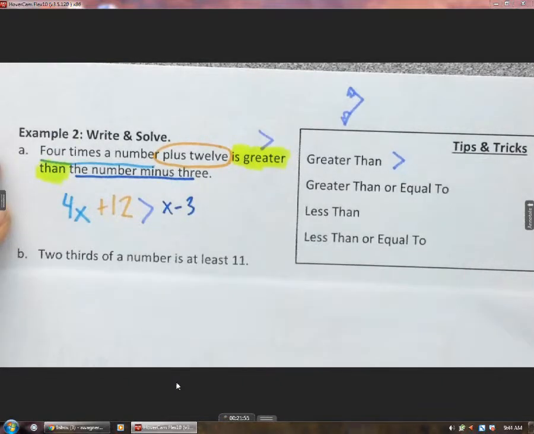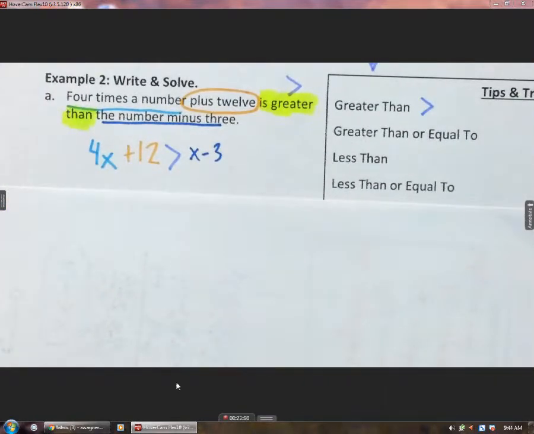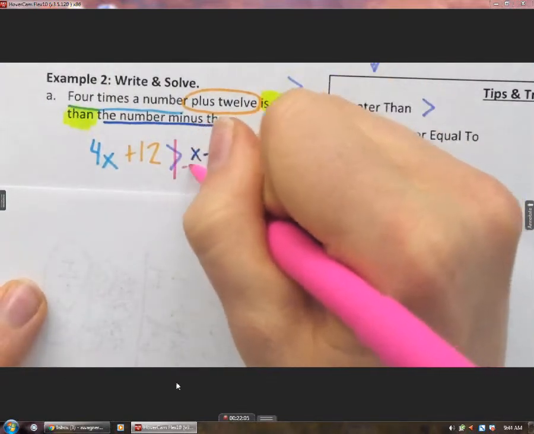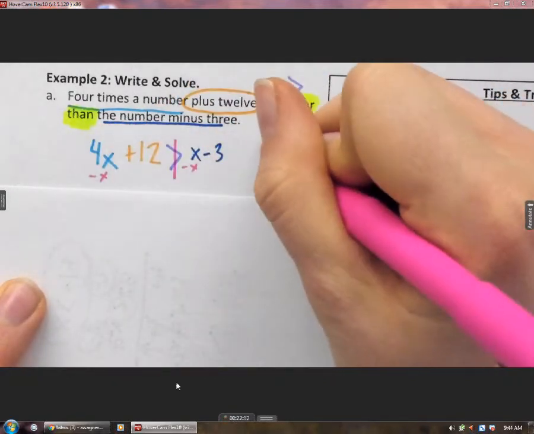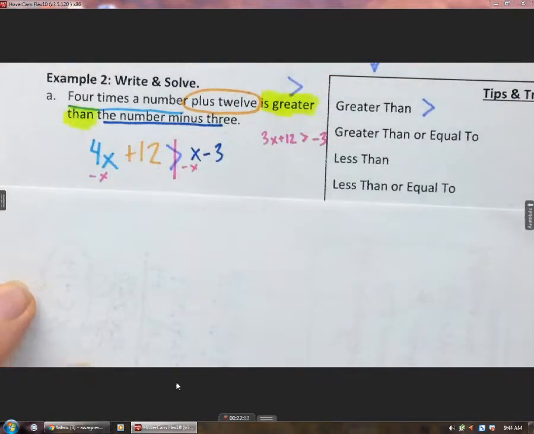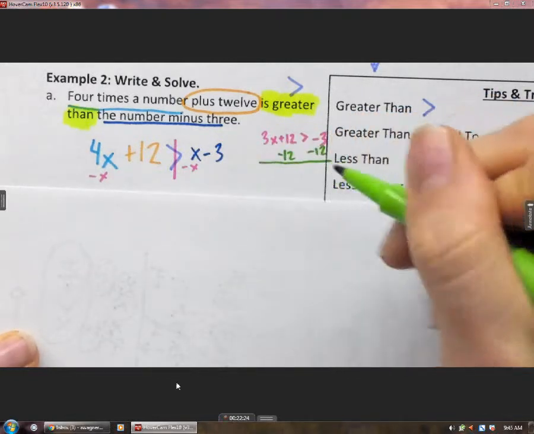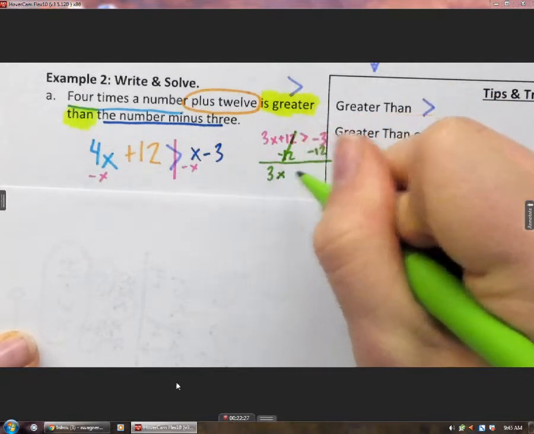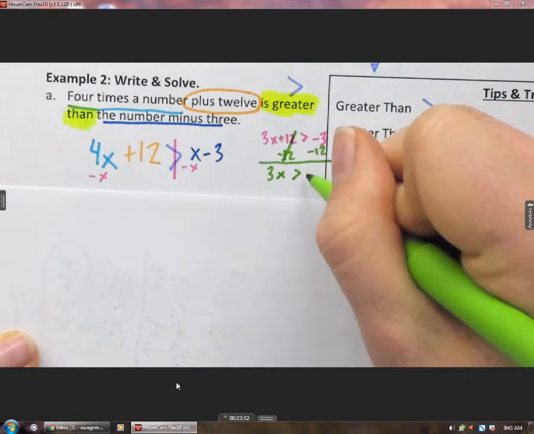So we wrote it, but now we've got to solve it. How do you solve this? Subtract x. So it'd be 3x plus 12 is greater than negative 3. Subtract 12 on both sides. 3x is greater than negative 3 minus 12, negative 15.